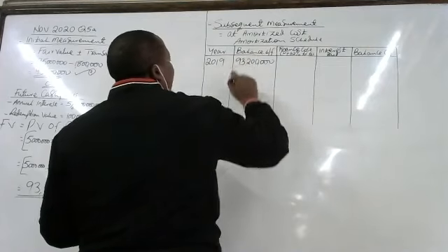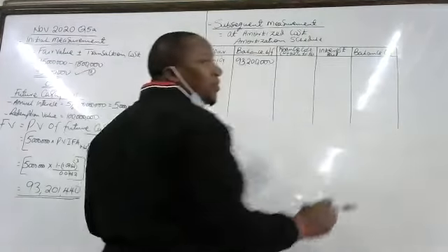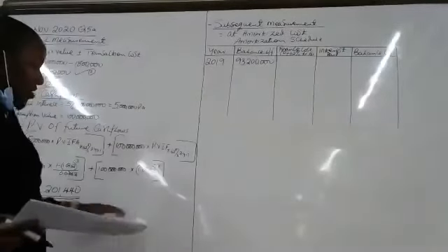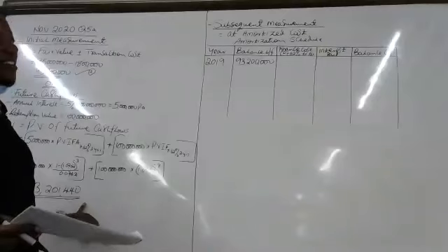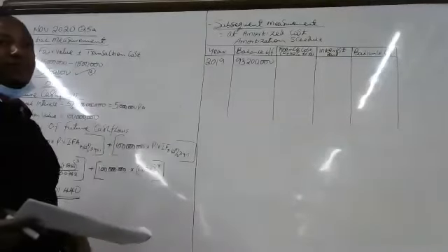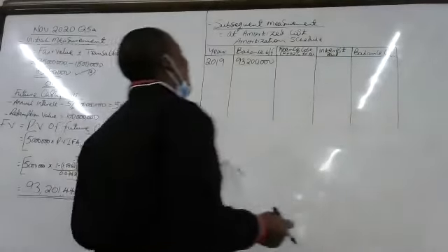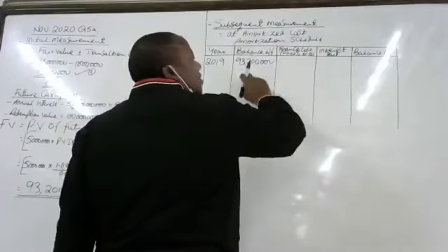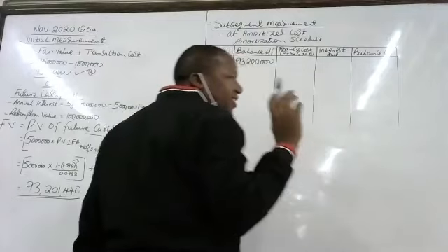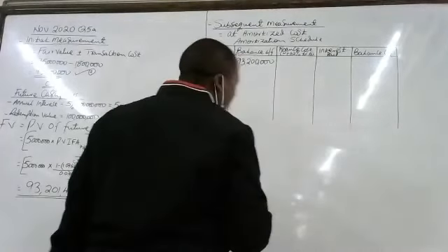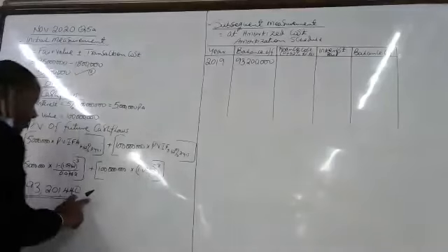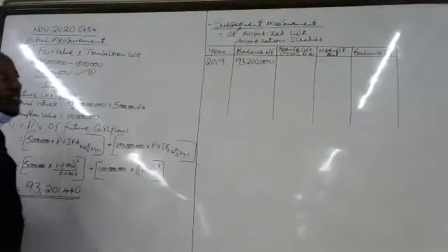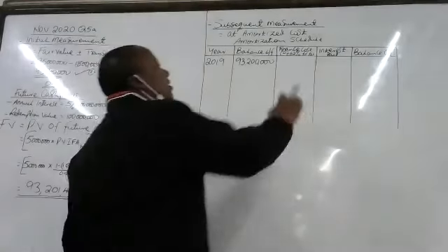If you use the rounded one, the balance at the end won't go to zero. If you use the exact one, the balance will be zero. So we have that finance cost. Whichever you use, the difference is so negligible, and we marked both.